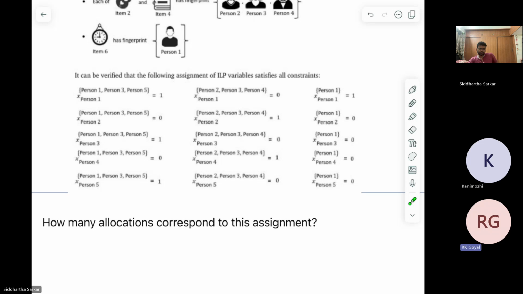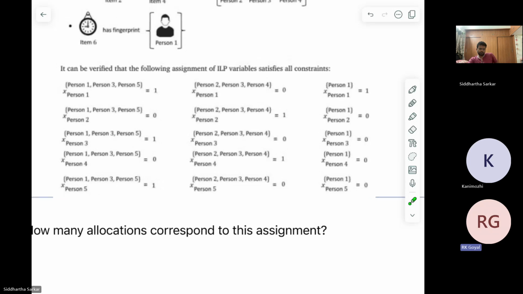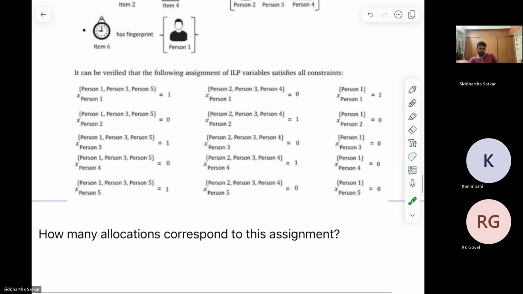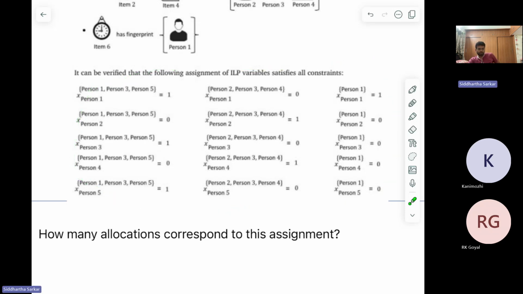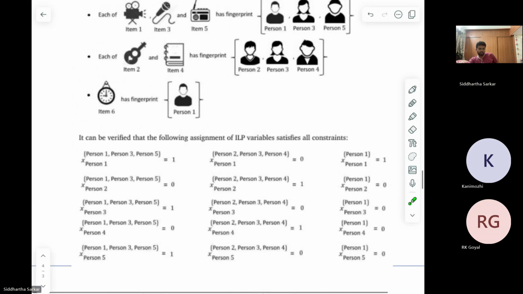So the number of the constraints here are, yeah, the constraints are not even given to you, only the allocation. So somebody has said that, look, I can give you this set of assignments. So person 1 is getting one of the items from pool 1. Person 1 gets one of these items. Person 2 doesn't get anything. Person 3 and so on.